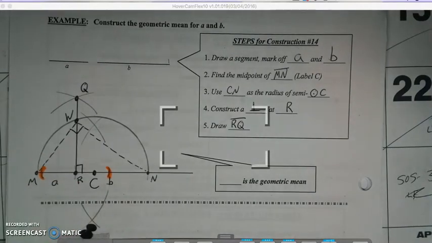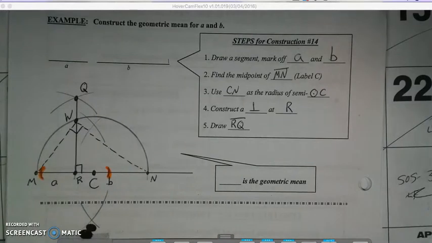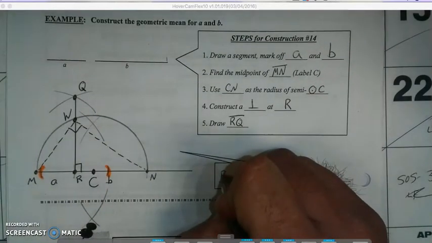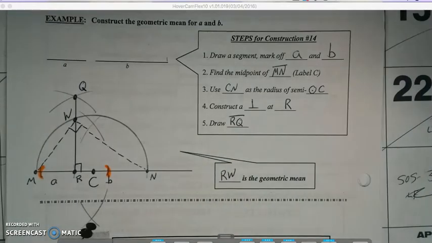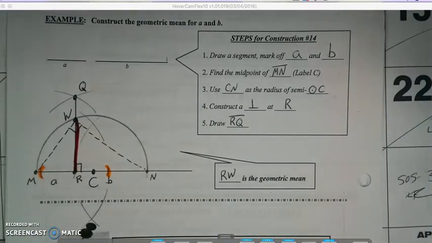Like earlier this year, we have 3 right triangles, a big right triangle and 2 smaller ones in there. So the geometric mean is RW. Geometric mean is this part right here. So we're able to construct the geometric mean between 2 segments by drawing the perpendicular line that is inscribed in a semicircle. And then RW will be the geometric mean.